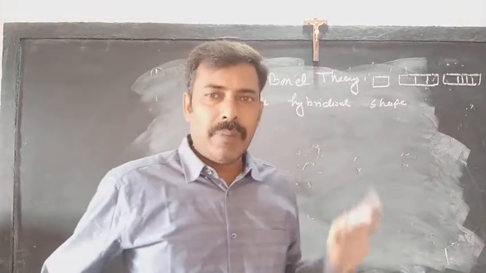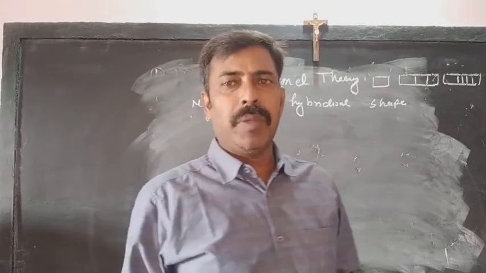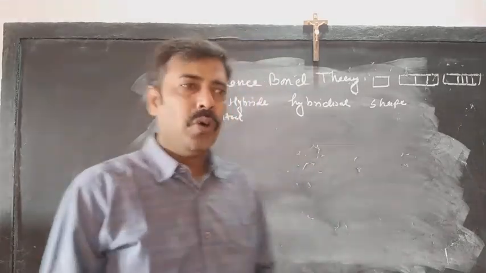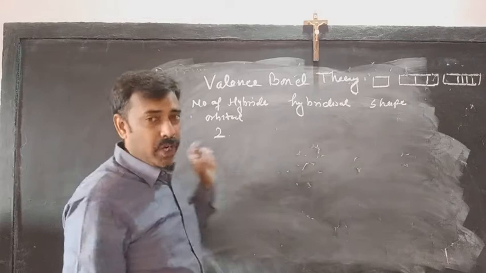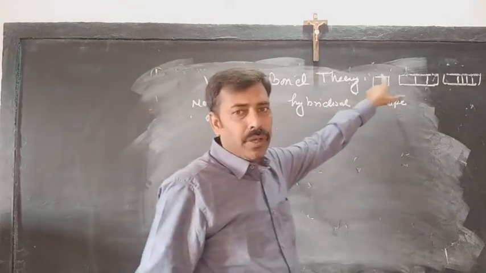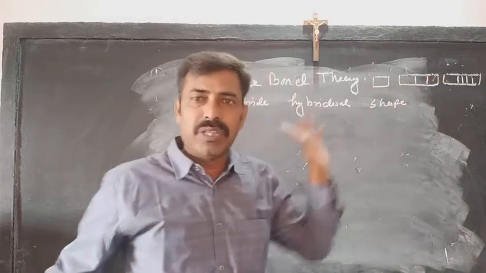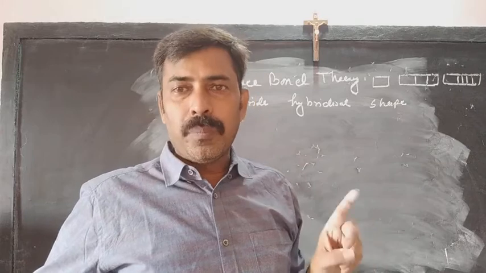When we see the hybridization, the number of hybrid orbitals may not be 1. How will it hybridize alone, with whom will it hybridize? So we are starting with 2 hybrid orbitals. If 2 hybrid orbitals are there, then what will be the hybridization? There will be one s and one p. So one s is hybridizing with one p.